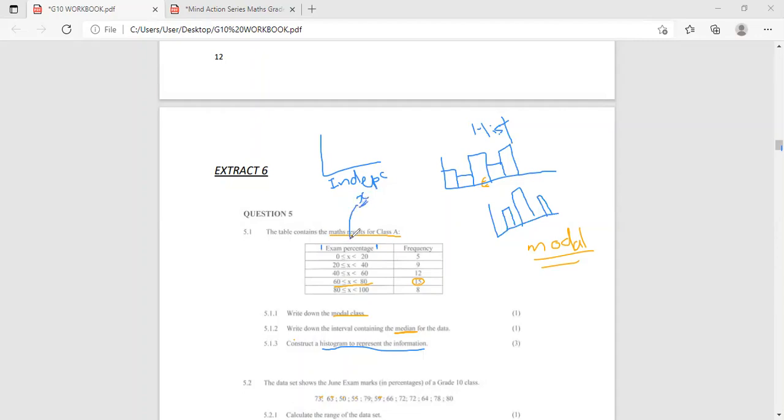The next column, the frequency, is y. Every table you get, this is x, this is y. From the Cartesian plane, the x-axis is the horizontal and the y-axis is the vertical. So we can go to the histogram now.